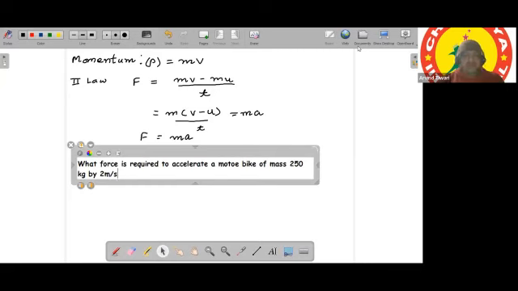Who can do that? What force is required to accelerate a motorbike of mass 250 kilogram by 2 meter per second square?